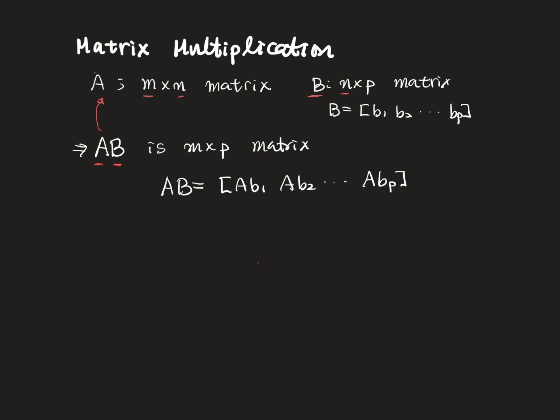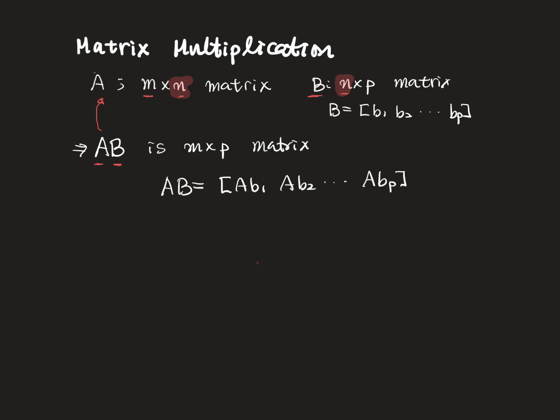Here is a very important concept: the number of columns of A and the number of rows of matrix B should be the same. Otherwise, we cannot define matrix multiplication.